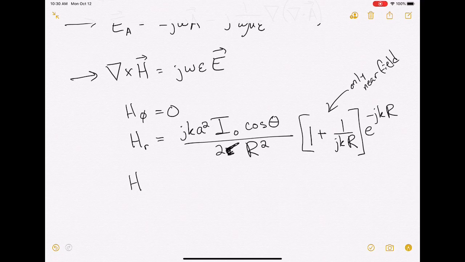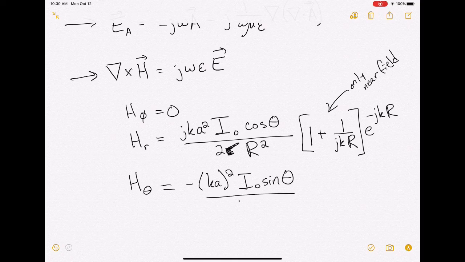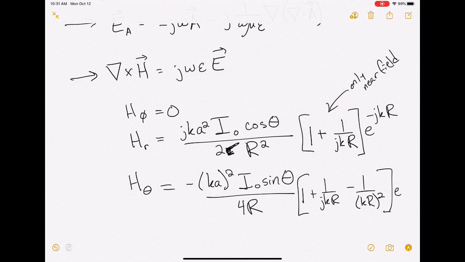It is the theta component of the magnetic field that has all your far field radiation stuff going on. That one is minus k a quantity squared I naught sine theta all over 4r, look, that's just 1 over r, times 1 plus 1 over j k r minus 1 over quantity k r squared, and again with the phase term, e to the minus j k r.